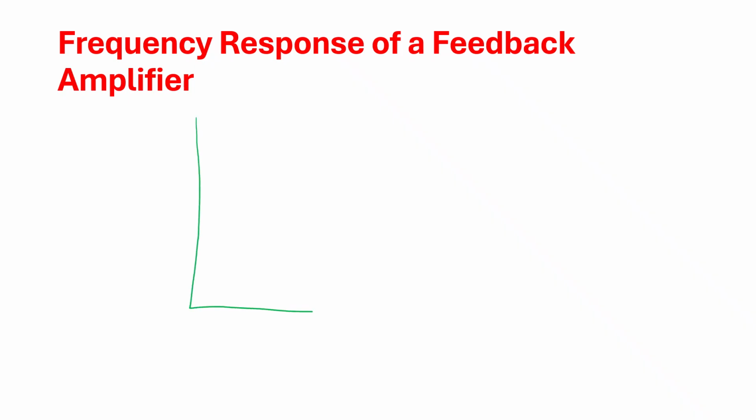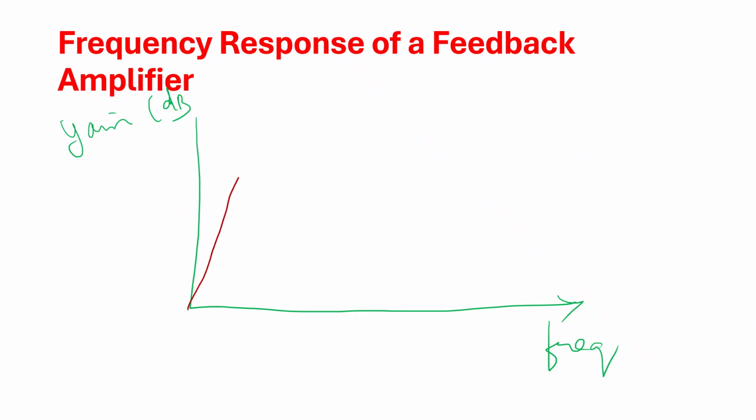The frequency response plot is drawn with frequency on the x-axis and the gain in decibels on the y-axis. The feedback amplifier behaves such that at lower frequencies the gain increases, remains constant for a wide range of frequency, and then as the frequency increases the gain reduces.